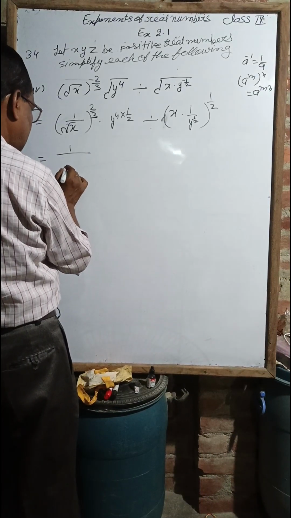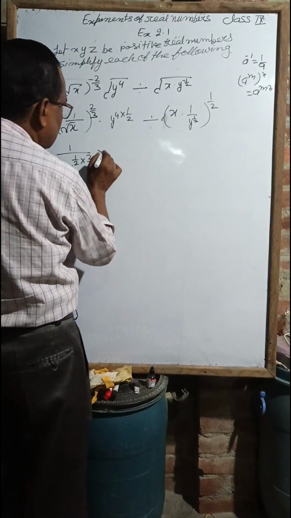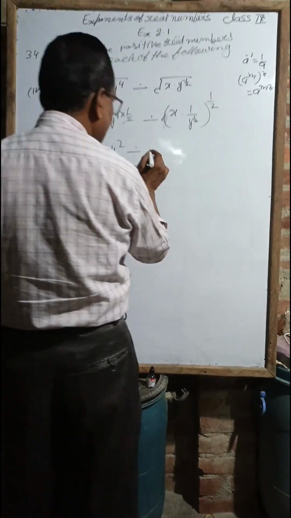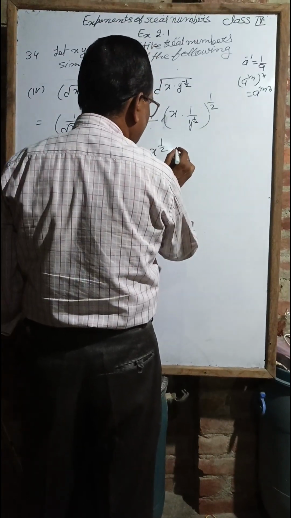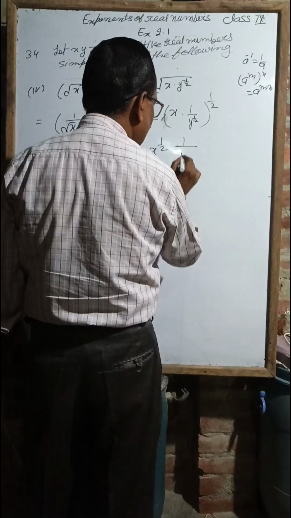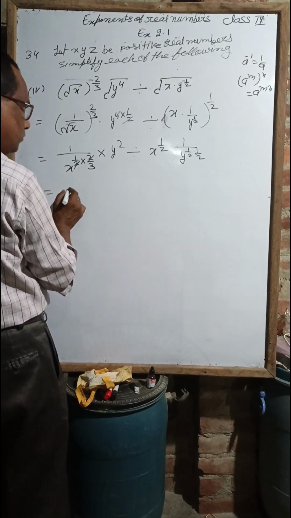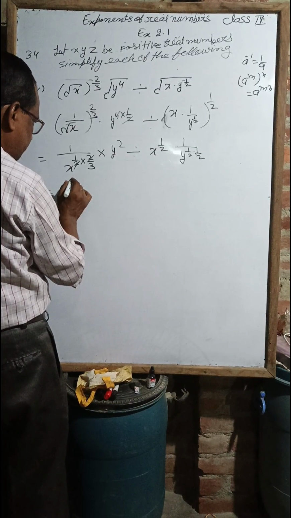Solution is equal to square root 1 upon x to the power 2 over 3 times y square root y to the power 4 into 1 over 2, divided by x times 1 upon y raised to the power 1 over 2, raised to the power 1 over 2.